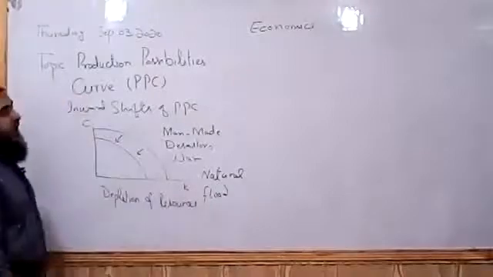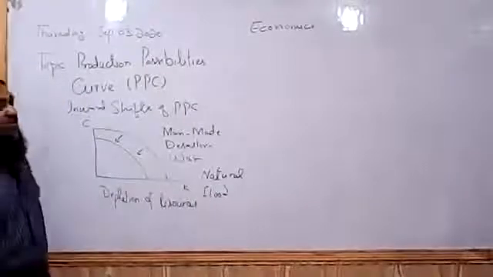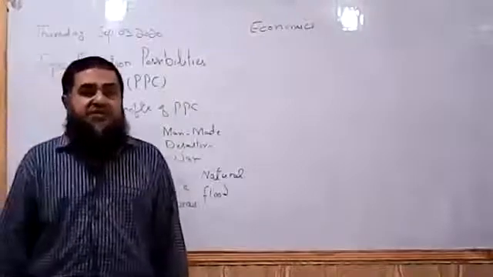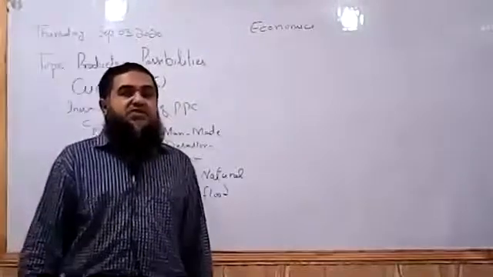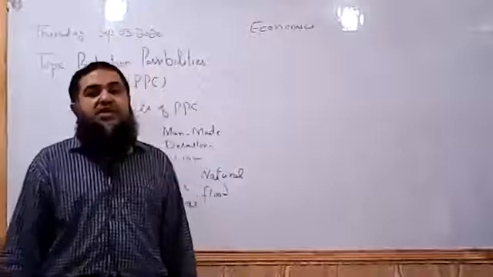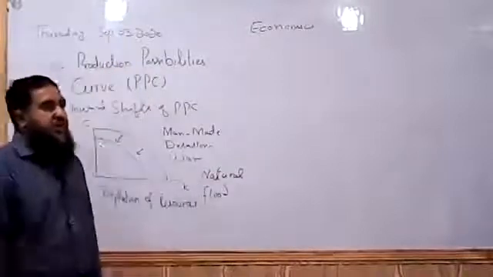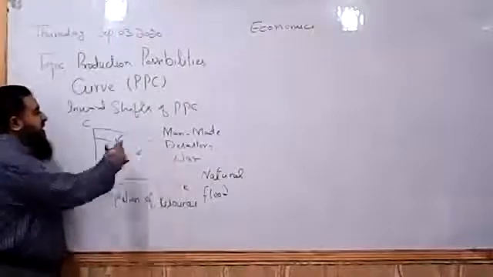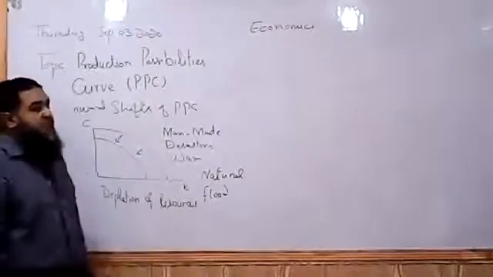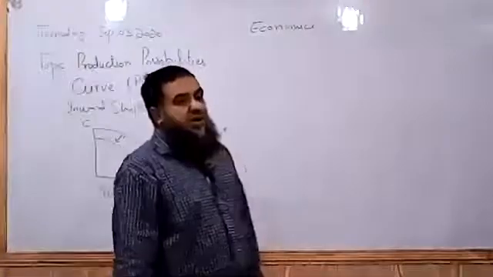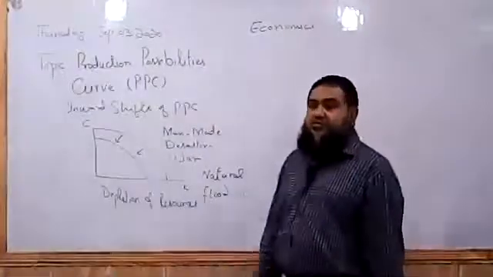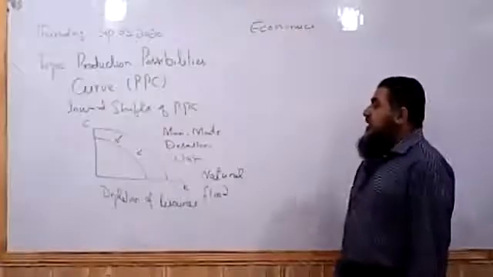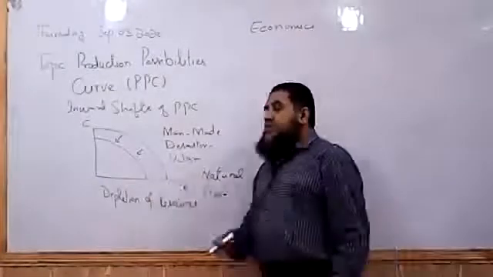Like we have overutilized the resources, we are running out of oil, we are running out of many of the precious resources of the country. So when these resources are overutilized, they are depleting, or we are having environmental degradation. So the overall potential of the country will decline, and if we haven't spent on diversification of resources or diversification of different types of goods, then ultimately our PPC will shift inward.